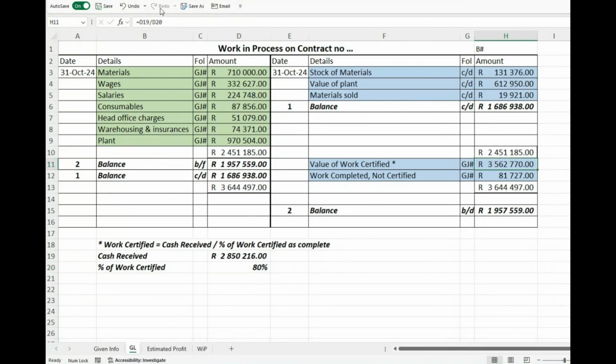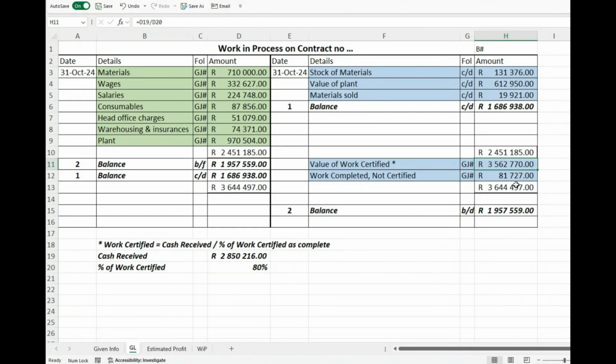And if we do that, then you will see the little formula shows we get an amount of 3562770.